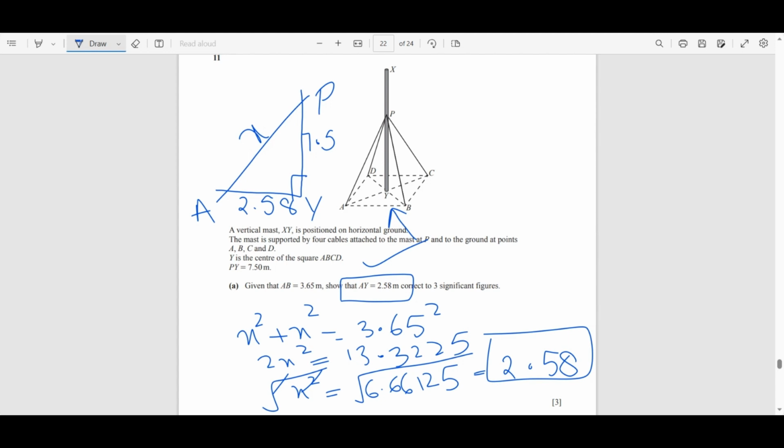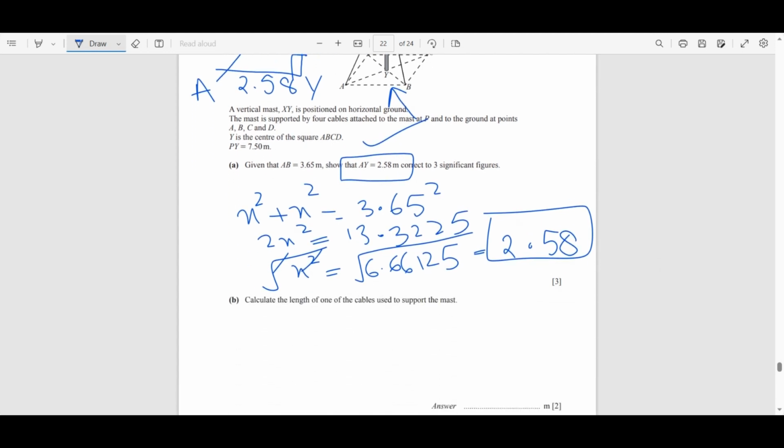Again, using Pythagoras theorem, x squared is equal to 7.5 squared plus 2.58 squared. So x will be the square root of 7.5 squared plus 2.58 squared. I'm going to type everything into my calculator to get the direct answer, which is 7.93.